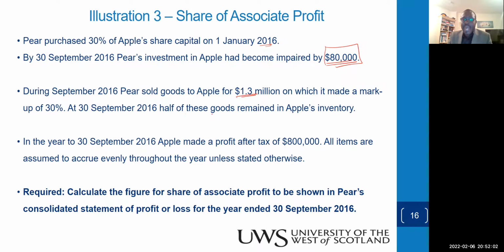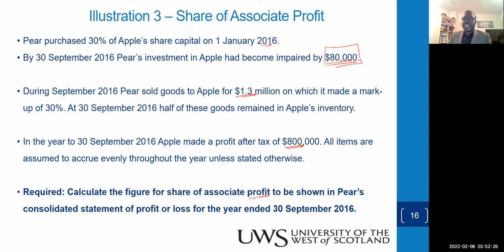On 30th September, half of this remained in inventory. In the year to 30th September, Apple made a profit after tax of this. After tax, okay? So that is after acquisition, 800. All items accrue evenly.